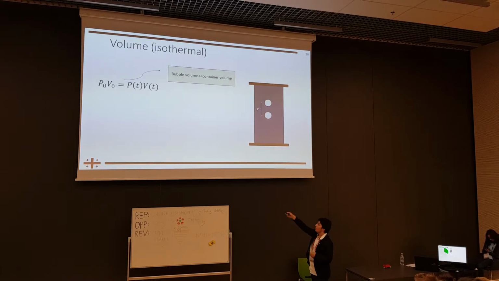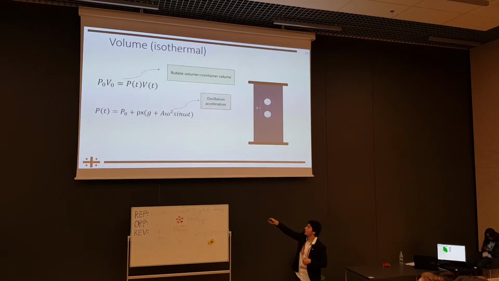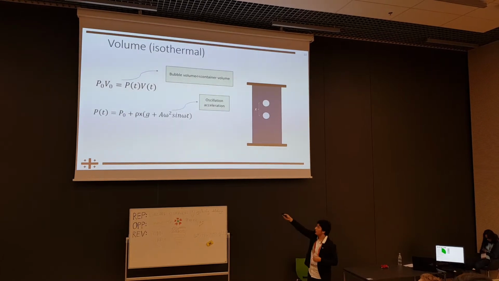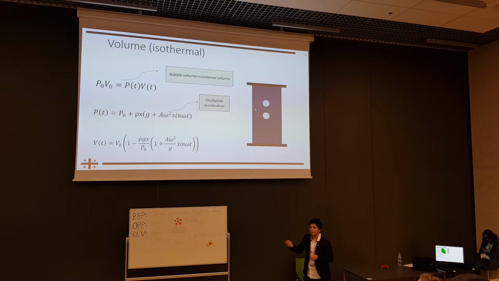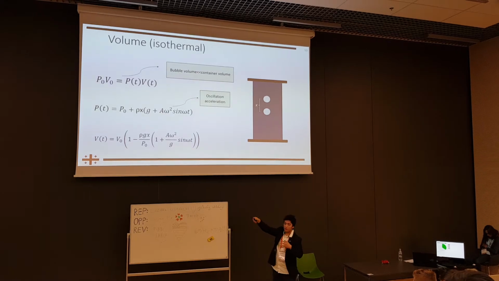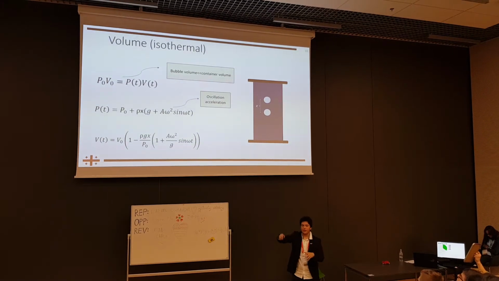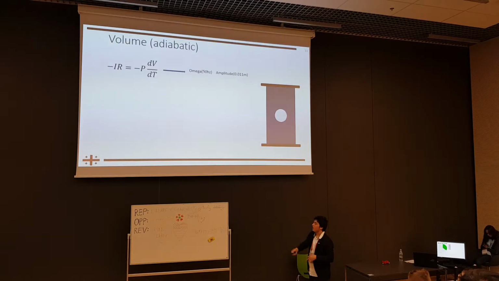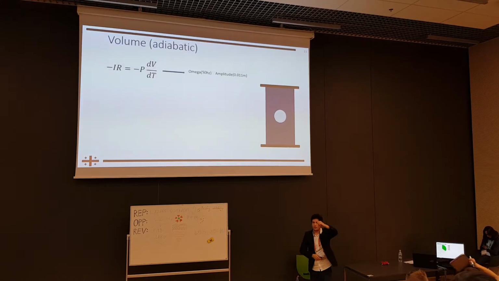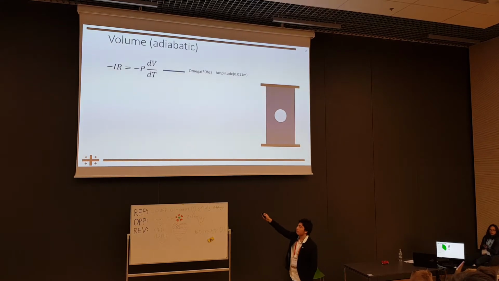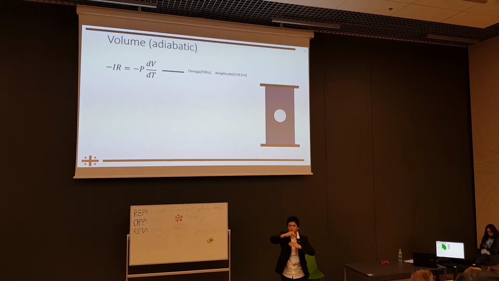So we use Clapeyron's law and describe pressure as dependent on time with this two-component acceleration, and finally get how volume depends on time isothermally. But under high frequency and amplitude oscillations, when the oscillation happens in a very short time, the motion could be adiabatic, because heat cannot be transferred in such a short time.